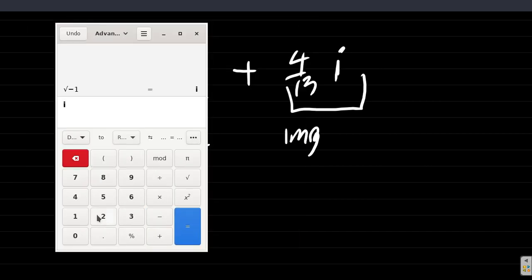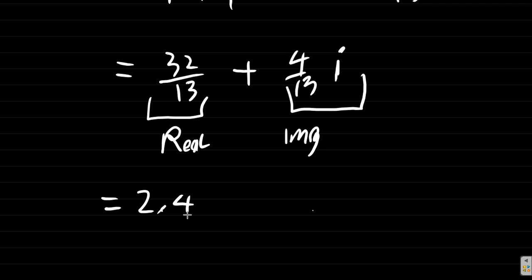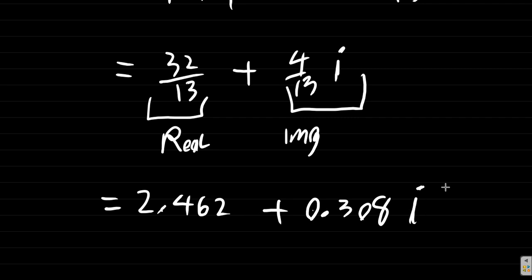So 32 over 13, 2.462, 4 over 13, 0.308. So you have 2.462 plus 0.308i. So that is your answer.